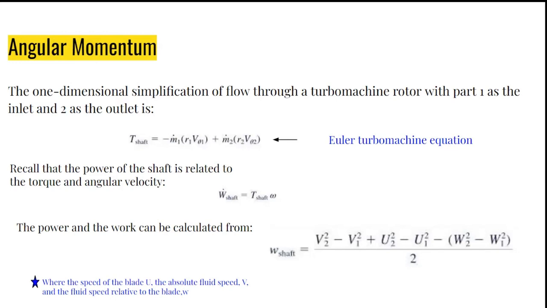We can recall that the power of the shaft is related to the torque and angular velocity, and the power and the work can be calculated from the equation below, where the speed of the blade is given by U, the absolute fluid speed is V, and the fluid speed relative to the blade is W.